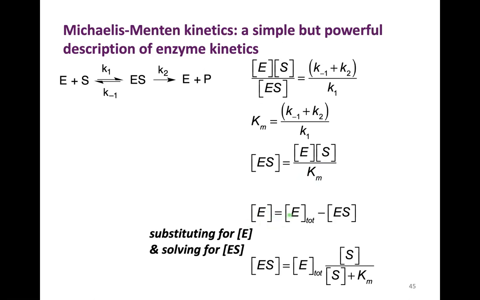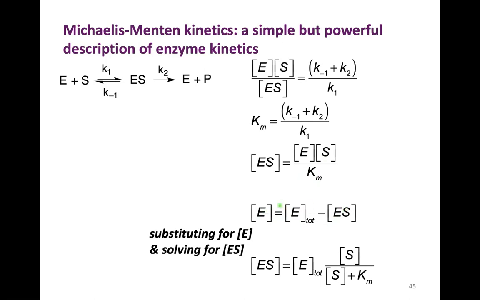We know how much enzyme we initially pipetted in our cuvette. That is the total enzyme. The two possible species of this enzyme in your cuvette are either free enzyme or bound as a complex. We know enzyme total. That is what we know. We don't know this, and this is hard to distinguish as well.